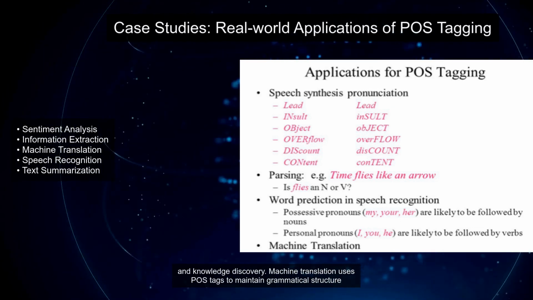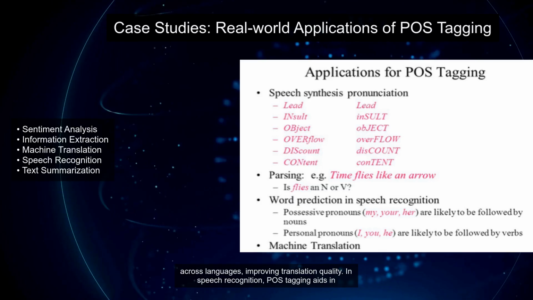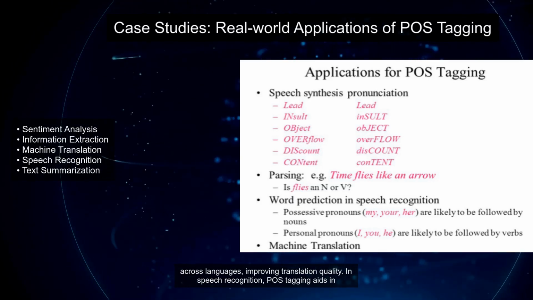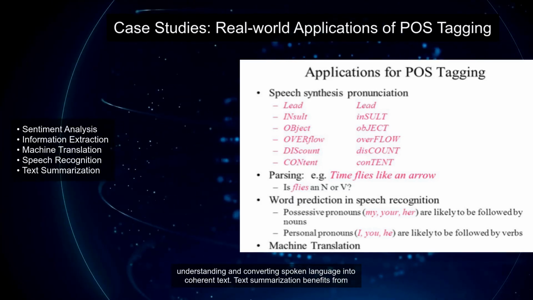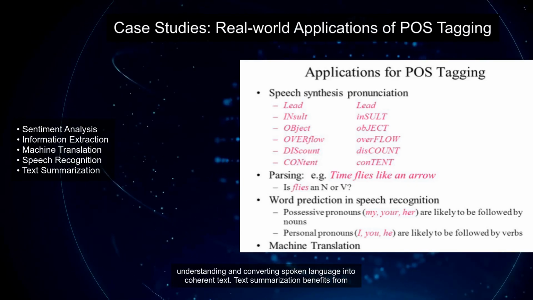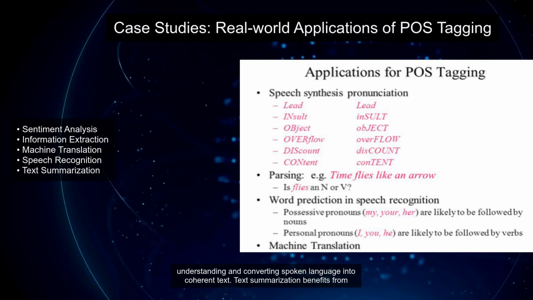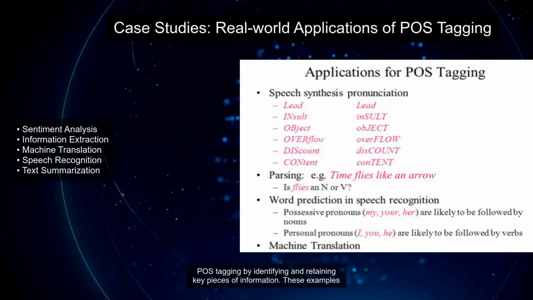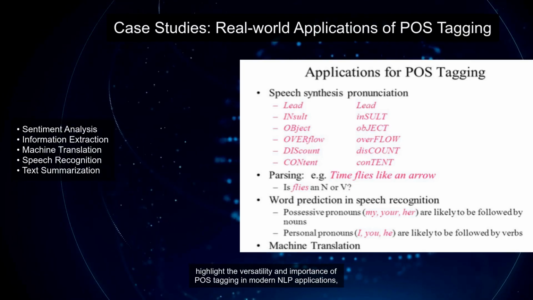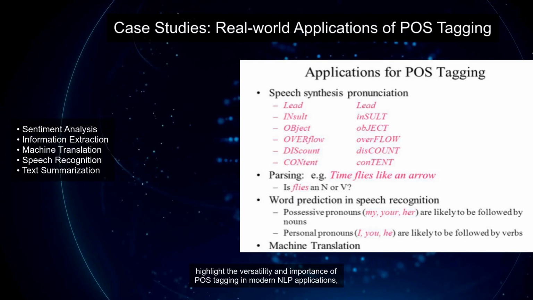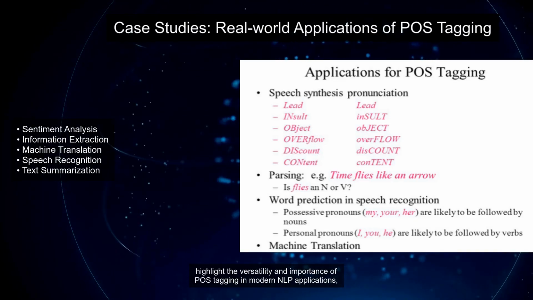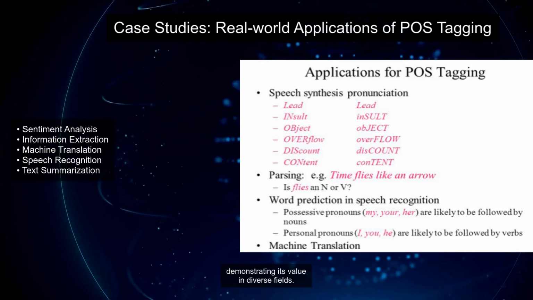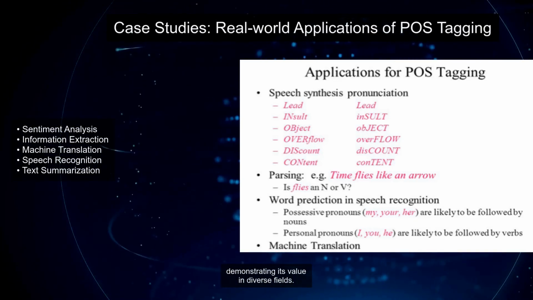Machine translation uses POS tags to maintain grammatical structure across languages, improving translation quality. In speech recognition, POS tagging aids in understanding and converting spoken language into coherent text. Text summarization benefits from POS tagging by identifying and retaining key pieces of information. These examples highlight the versatility and importance of POS tagging in modern NLP applications, demonstrating its value in diverse fields.